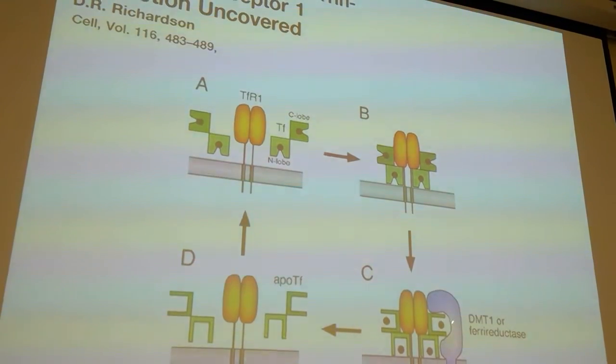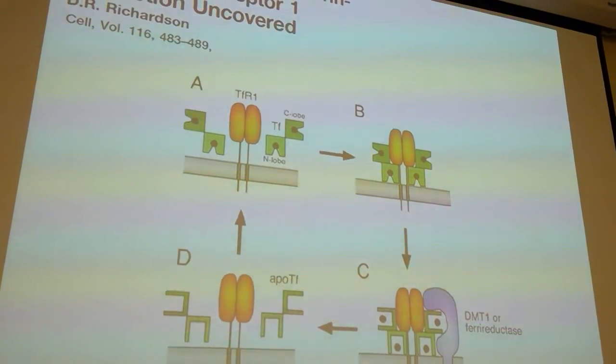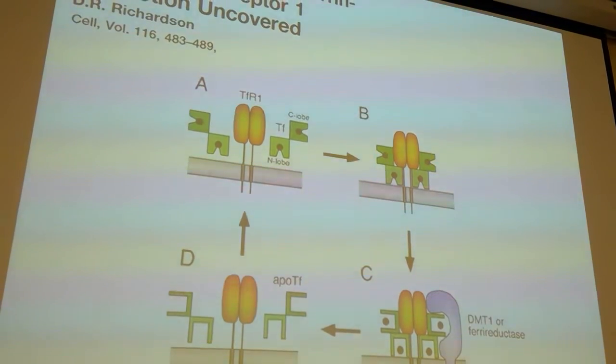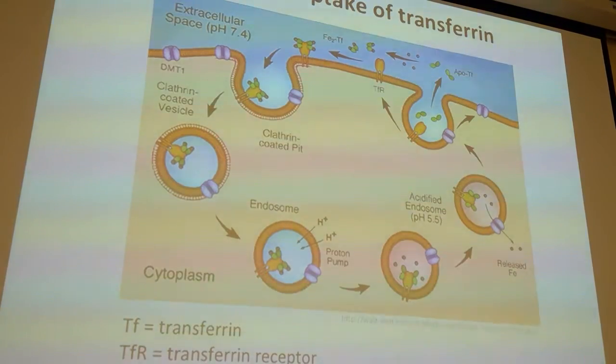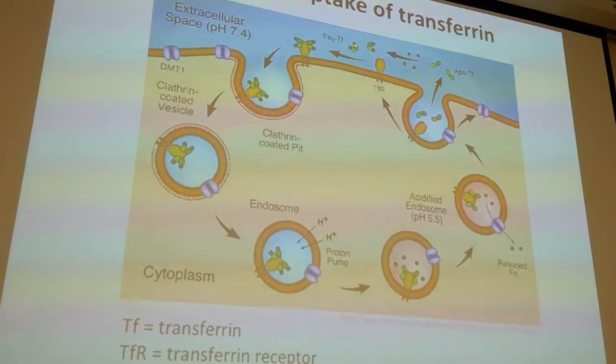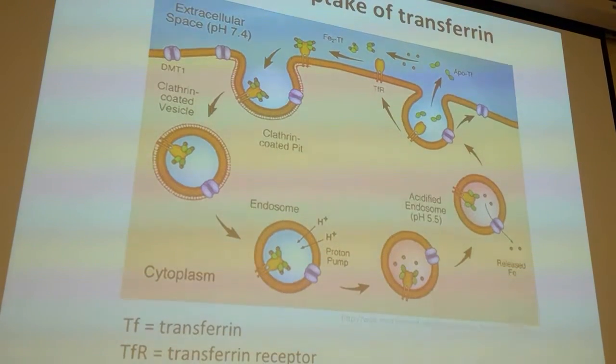These are released to DMT1 and ferroreductase for transport out of that endosome, and then the transferrin receptor and transferrin can be recycled back to the cell surface. If we return to the diagram that I presented last week, this appears to be correct: these transferrins each have an N and C terminal lobe, each bound to ferric iron, so two irons.